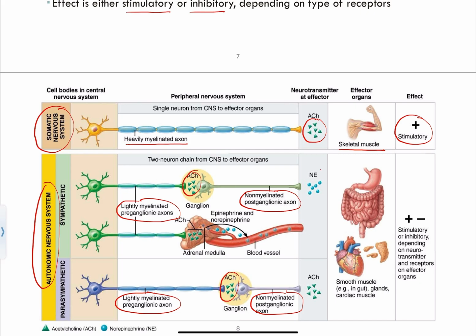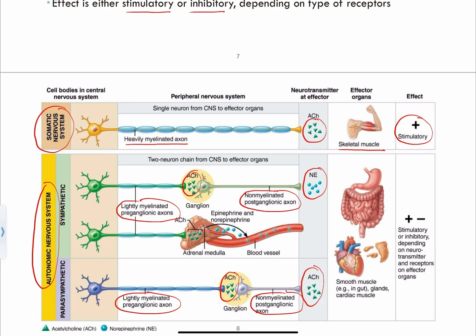If we're in the sympathetic nervous system, the postganglionic axon is going to release norepinephrine. If we're talking about the parasympathetic nervous system, the postganglionic axon is going to release acetylcholine. Later on, we're going to talk a little bit more about the receptors that can be found on the cell body of the postganglionic neurons, as well as those of the effector organs.